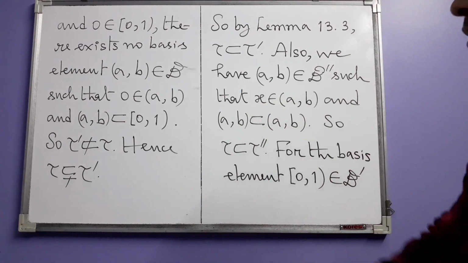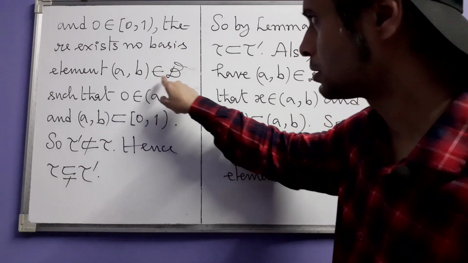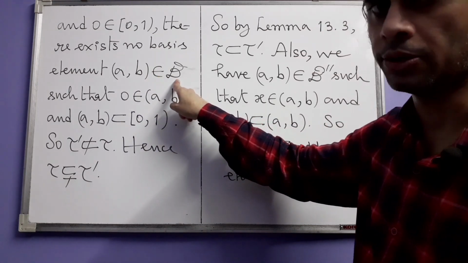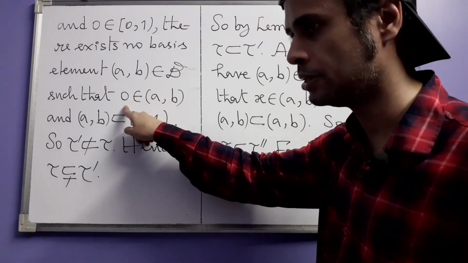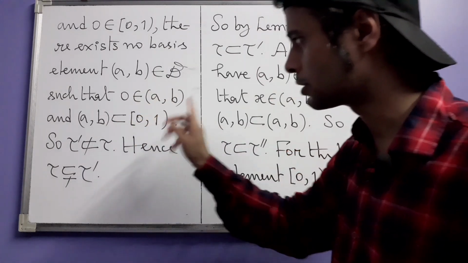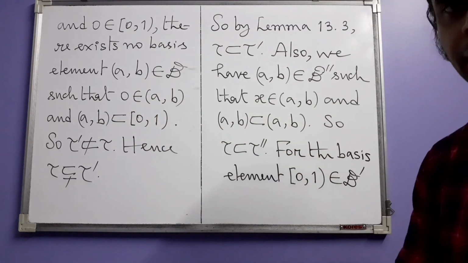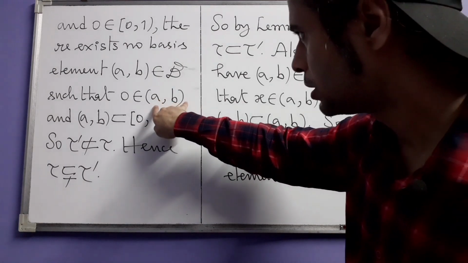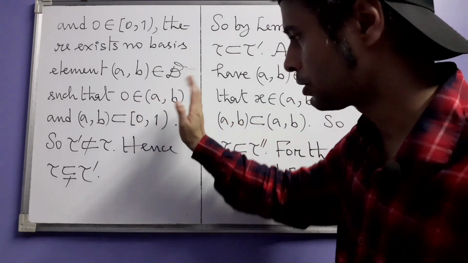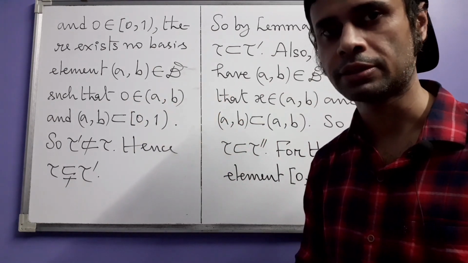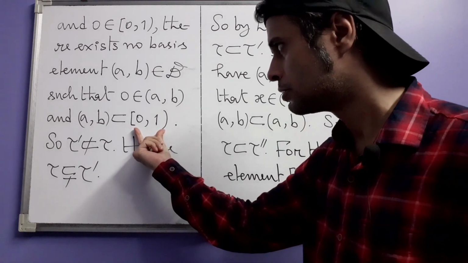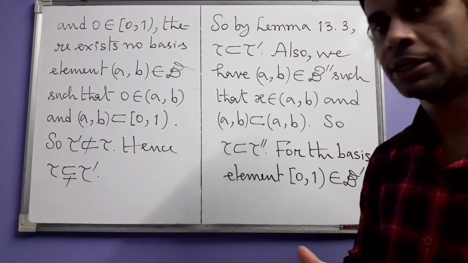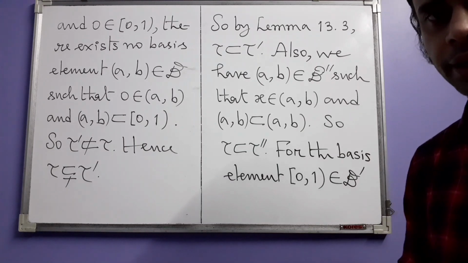Now there exists no basis element of the standard topology, which is an ordinary open interval, which contains this 0 and is itself contained in this interval. Why? Because any open interval which contains 0 has negative real numbers as well. But then how can it be contained in this, all of whose elements are non-negative real numbers?